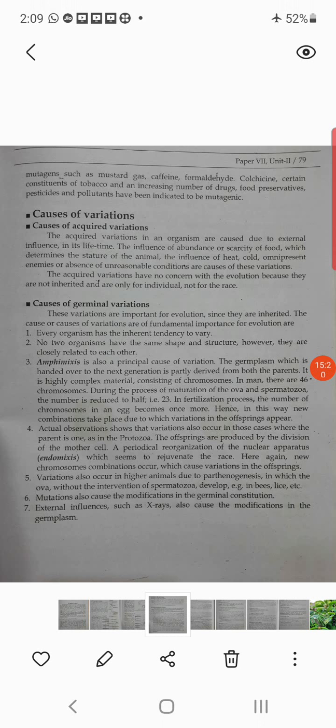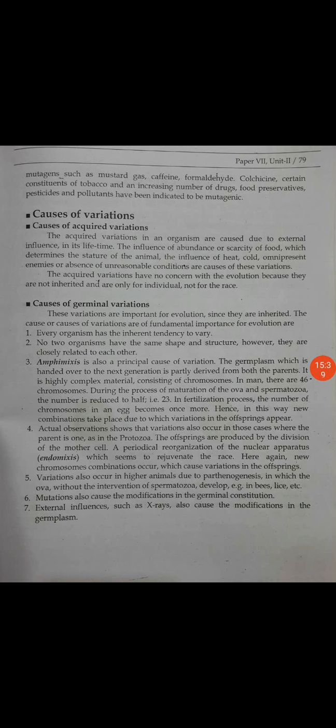Again, there is a mixing of genes. Then variations also occur in higher animals due to parthenogenesis, in which the ova, without intervention of spermatozoa, develop into the animal. Meaning there is no union of genes from the sperm. The ova itself develops into an animal, for example bees, lice, etc.